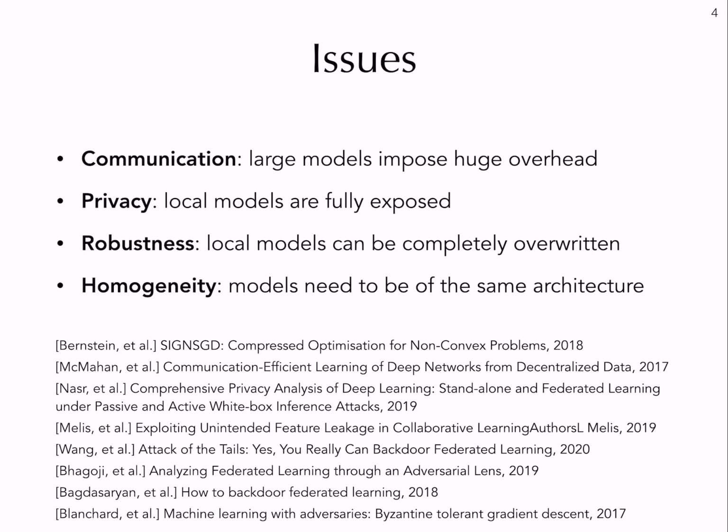If the attackers are not only curious, but they also want to damage the global model, they can do it very easily, because they can influence the aggregated parameters, and this would be used to override the local models of all participants.